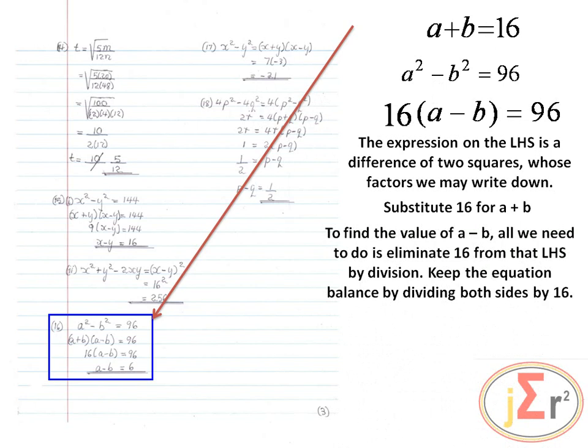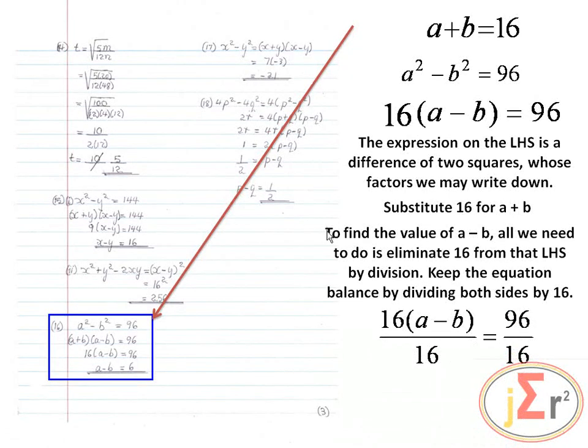To find the value of a minus b, all we need to do is eliminate 16 from that left hand side. Then we will just have on that left hand side a minus b alone, and we will do that by division. We will also keep the equation balanced by dividing both sides by 16.